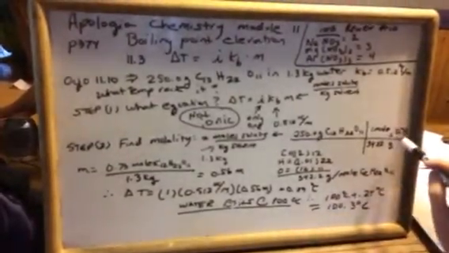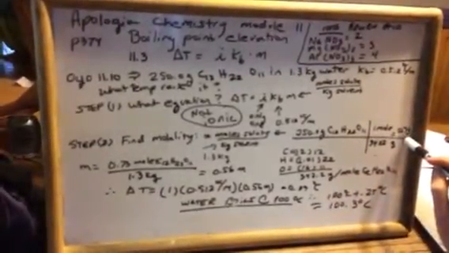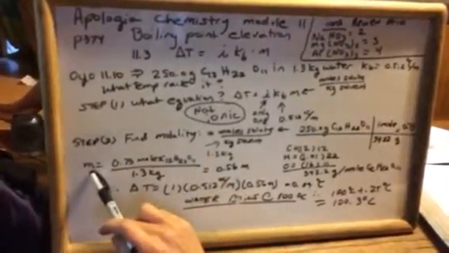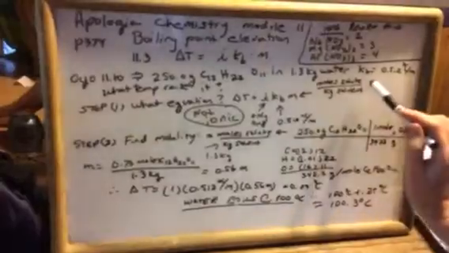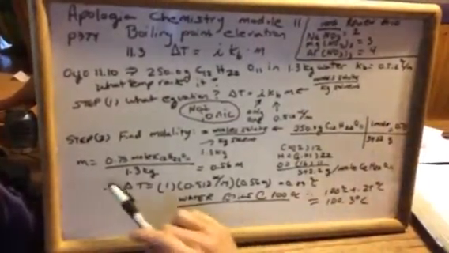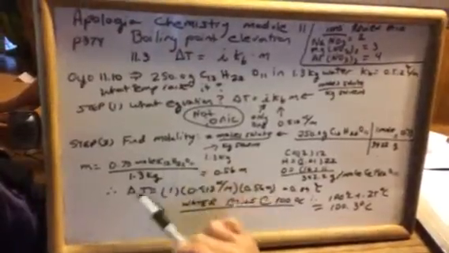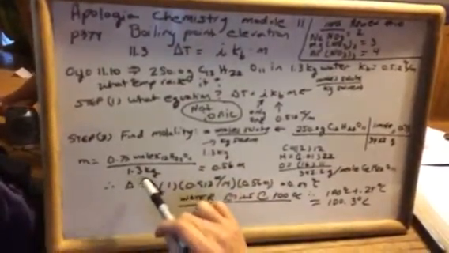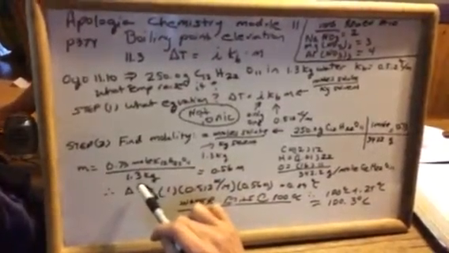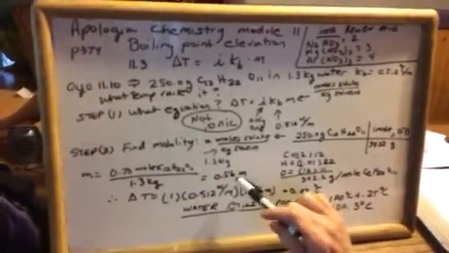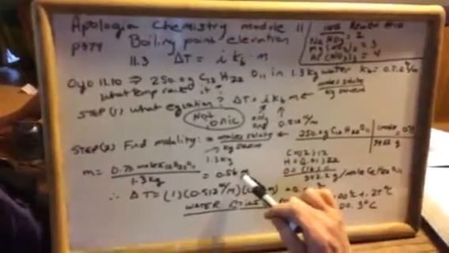And we plug all that in and we find that the number of moles is 0.73 moles. And then we can plug that into our molality equation: 0.73 moles of C12H22O11 divided by 1.3 kilograms of the solvent, which in this case is water. Okay, and we get 0.56 as our molality.